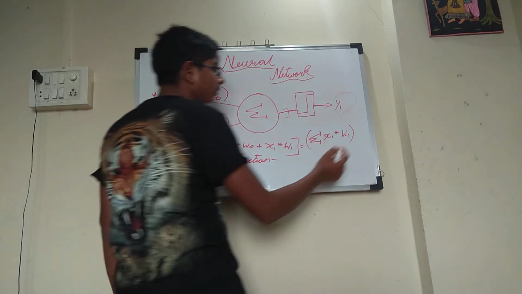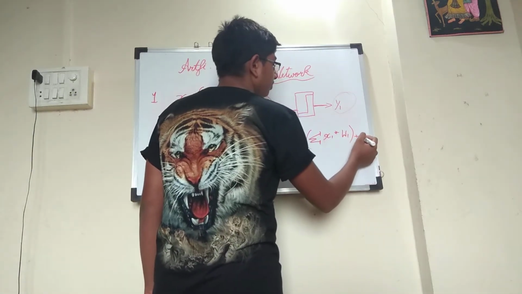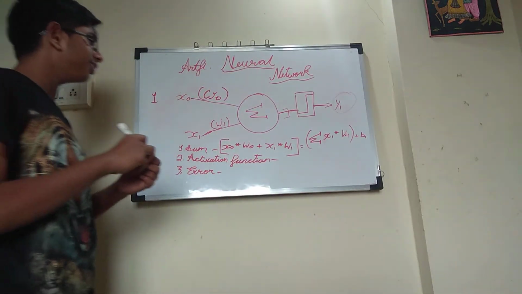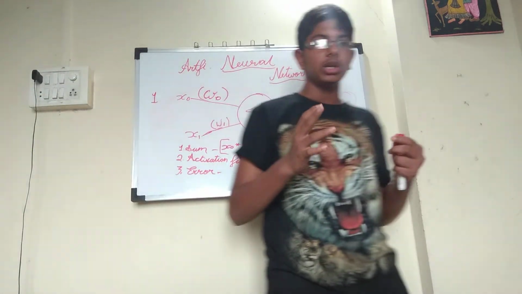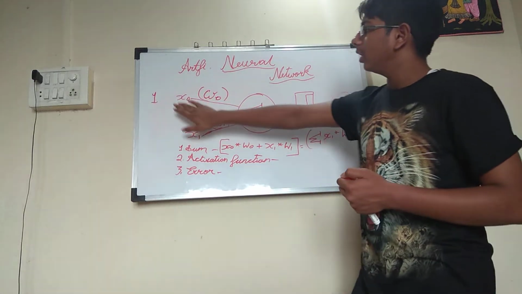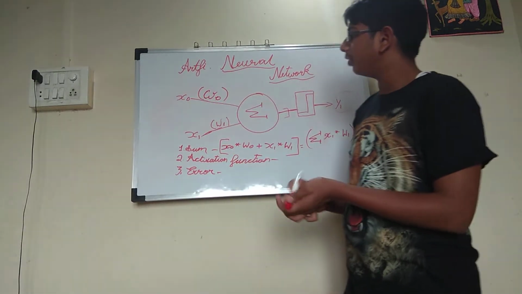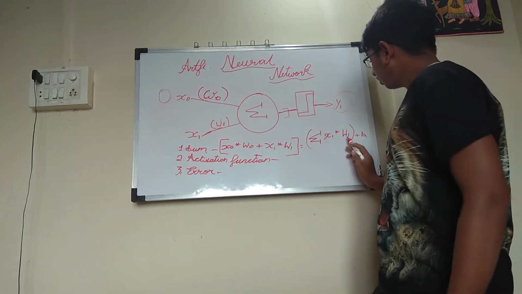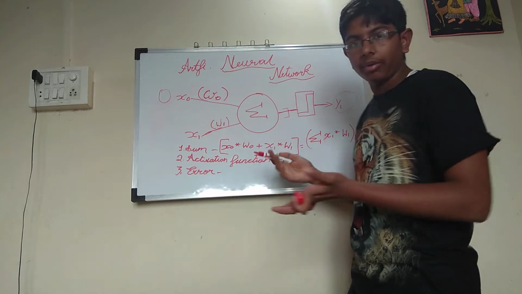So biases are nothing but a node which will actually fit the data into the model. For example, what if I got an input of 0? So 0 times any number will give me 0, right?